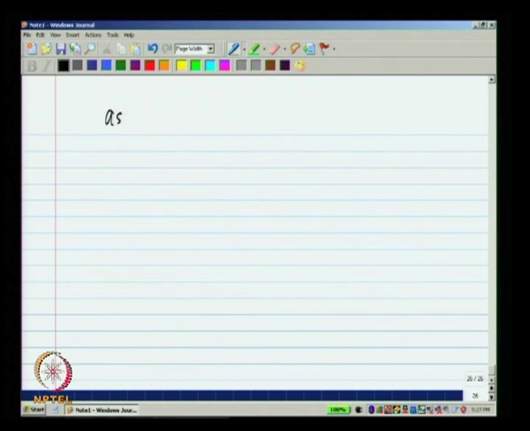If you have a s cube plus b s square plus c s plus d equals 0, you can take these two at a time, equate that to 0, these two at a time, equate that to 0, and these two at a time, equate that to 0. You will get three linear equations, and solution to this will be a valid approximation to the actual solution only if the three poles are very far from each other. The magnitude of the three poles have to be very different from each other.